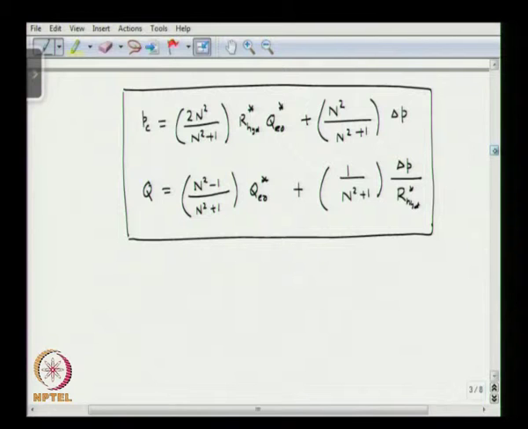So, if we do that, we can calculate the zero flow pressure capability and zero pressure electroosmotic flow rate.